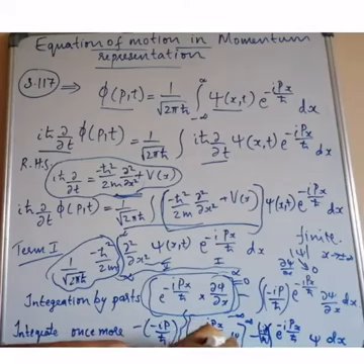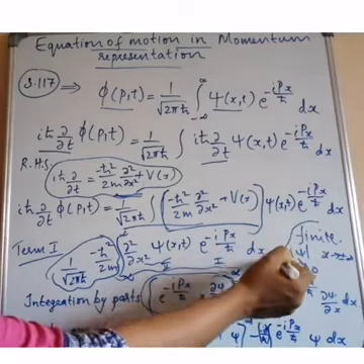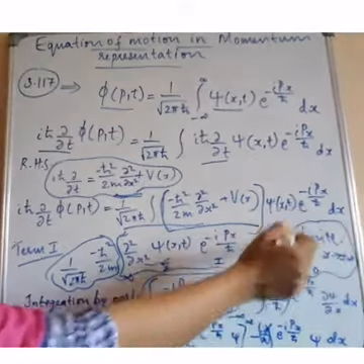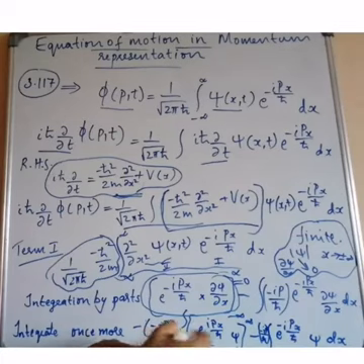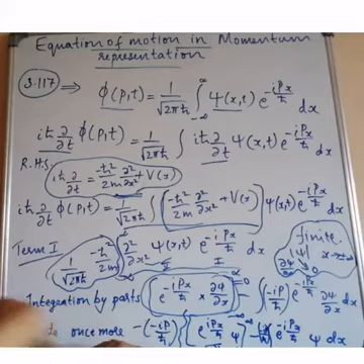This term again goes to 0, because using the finiteness property, ψ or ∂ψ/∂x will be going to 0. So this term is also 0.